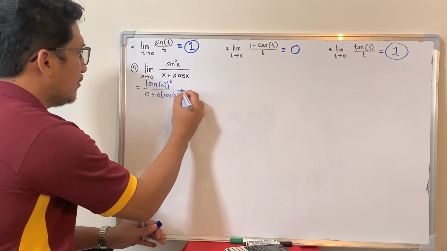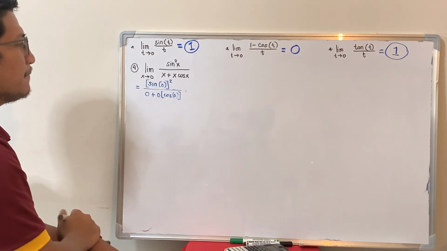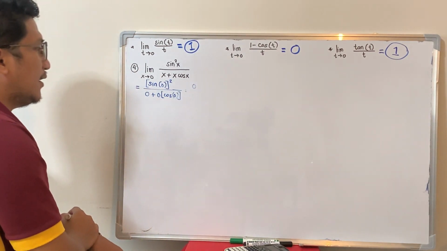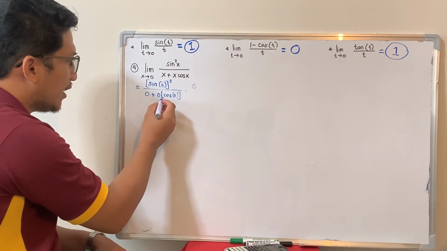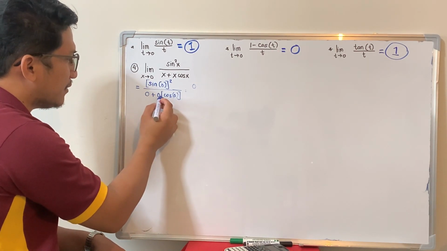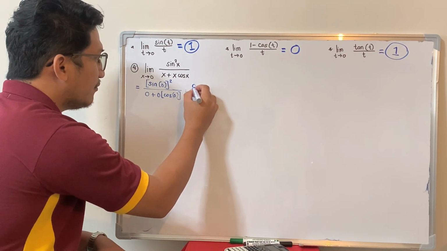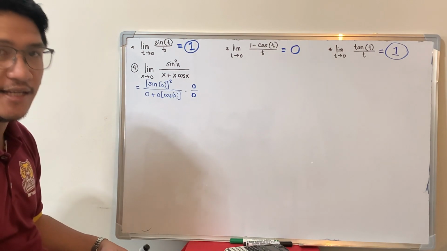From there, when you evaluate, sine 0 is 0, and 0 squared is also 0. Now, 0 plus 0 times cosine 0, which is 1, times 0, so 0 plus 0 is still 0. So basically, you have 0 over 0, which is again indeterminate.